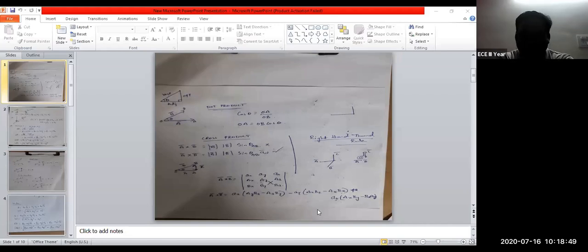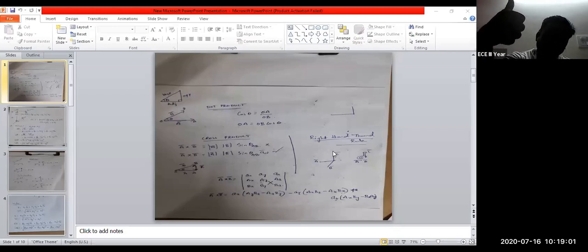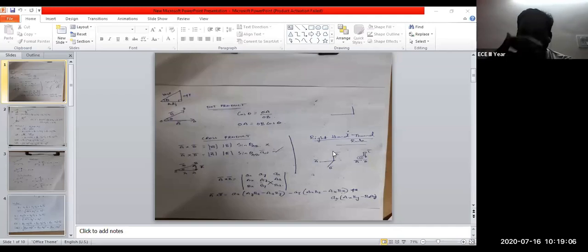For example, the cross product is represented by the right hand thumb rule. If you close your fingers like this, and the fingers represent the two vectors, then the resultant direction is the thumb. Are you able to see my video?